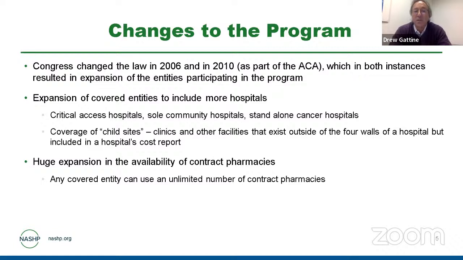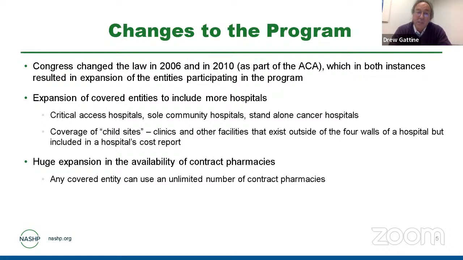Critical access hospitals, sole community hospitals, standalone cancer centers could participate as covered entities. And also coverage of child sites. So a hospital system or a health system that owns clinics and other facilities that exist outside of the four walls of the hospital can take advantage of the 340B discount.